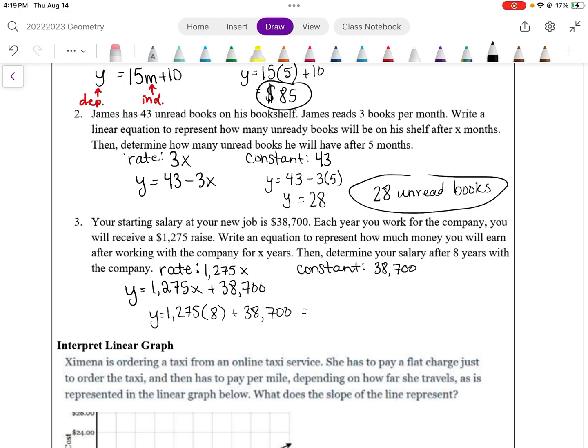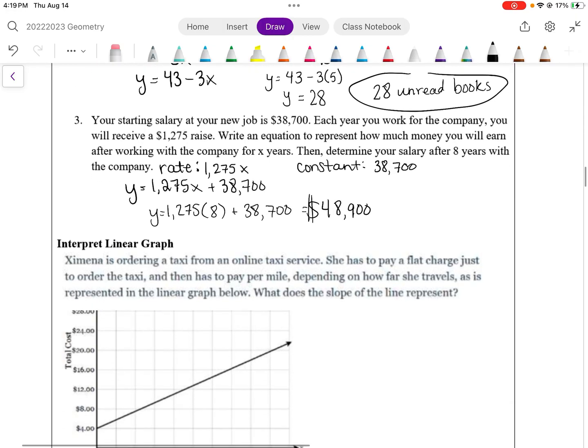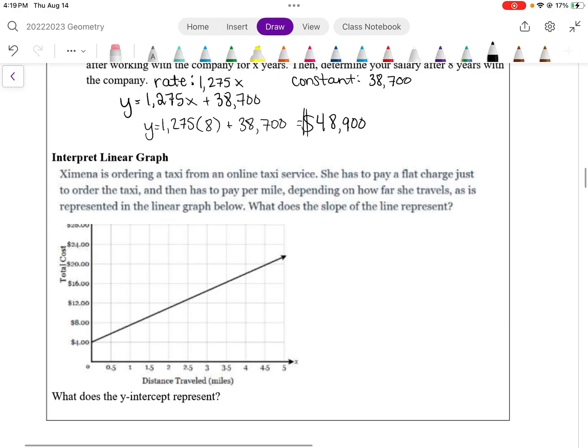If I have my raise times 8, that means my raise after 8 years is going to be $10,200 plus the $38,700 that I started out with. I'm getting 48 grand. This is how much money I'm going to make after 8 years.